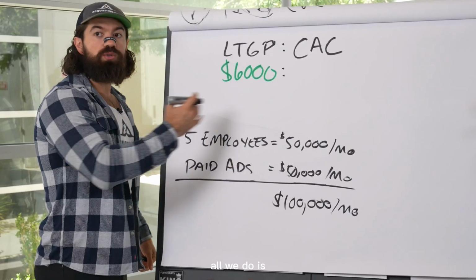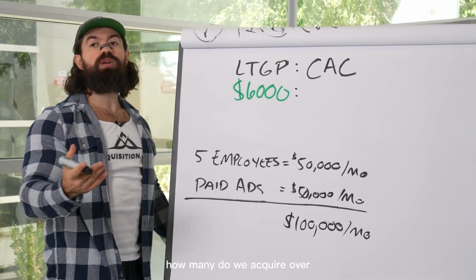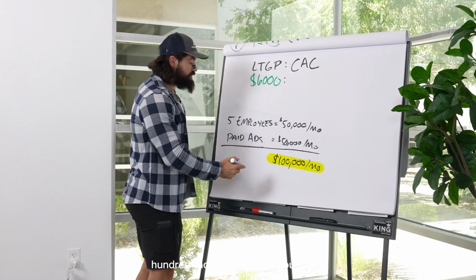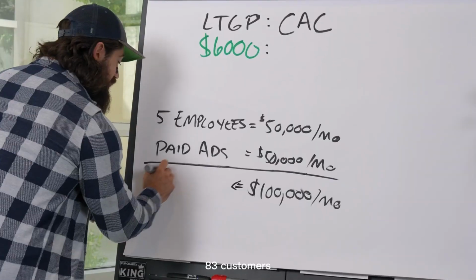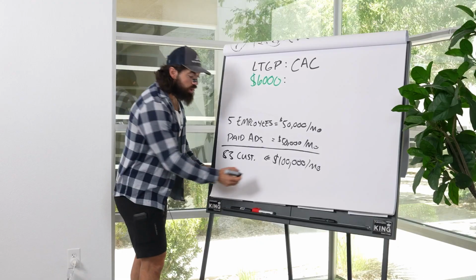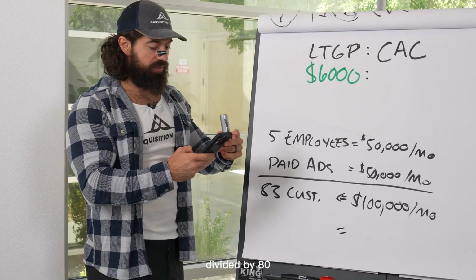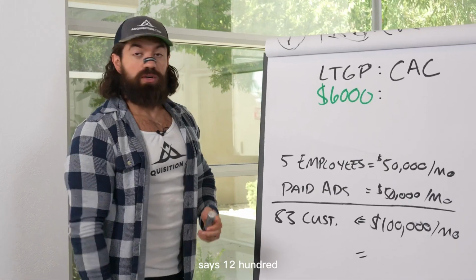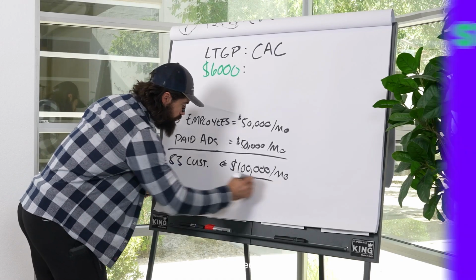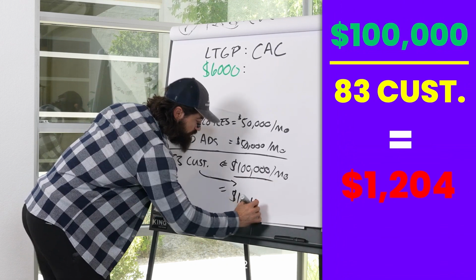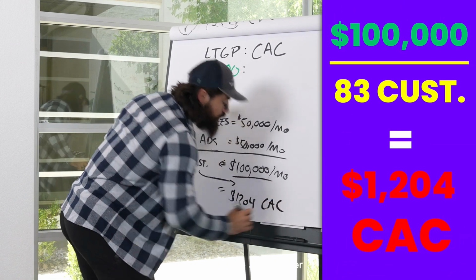And so then all you do is look back and say, okay, how many did we acquire over the last 30 days? Let's say this $100,000 bought us 83 customers. So our cost to acquire a customer would be 100,000 divided by 83. Survey says $1,204. So that's a $1,204 cost to acquire a customer.